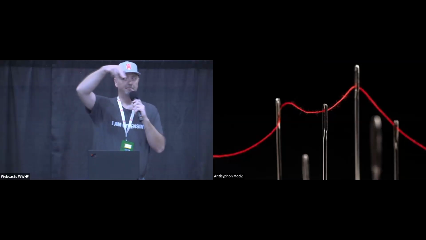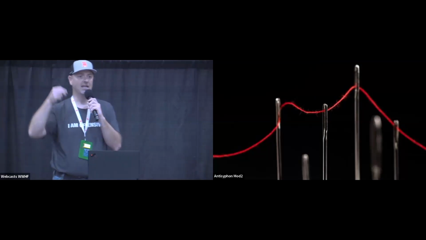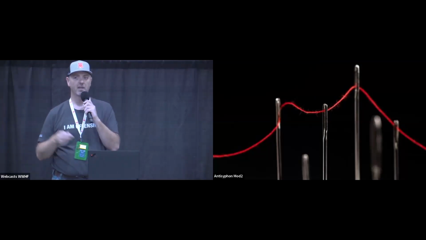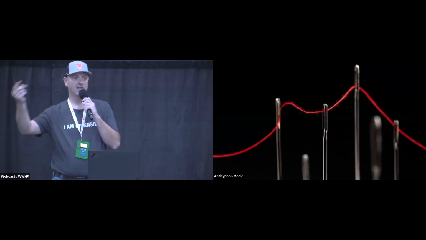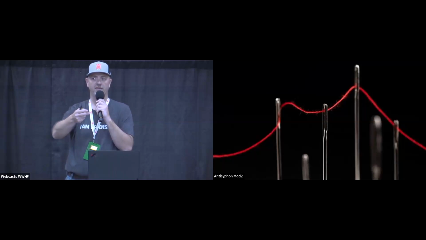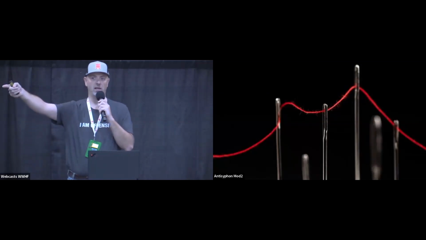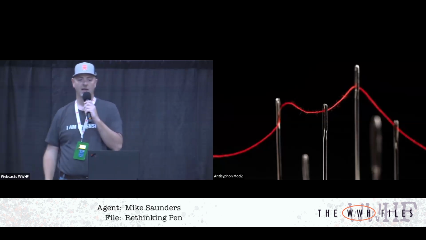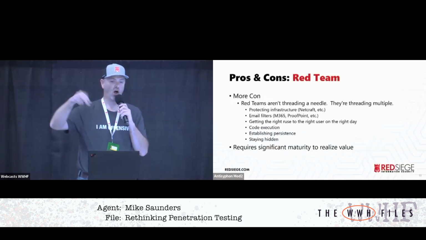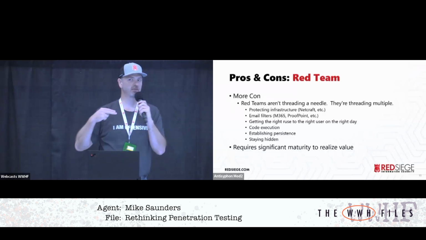Let's back that up. How did they get that email? I had to get the email into their inbox if we're phishing. Well, maybe they have Proofpoint sitting in front of M365. So I have to get this ruse past Proofpoint, and I have to get it past M365. And I also have to have my infrastructure protected.